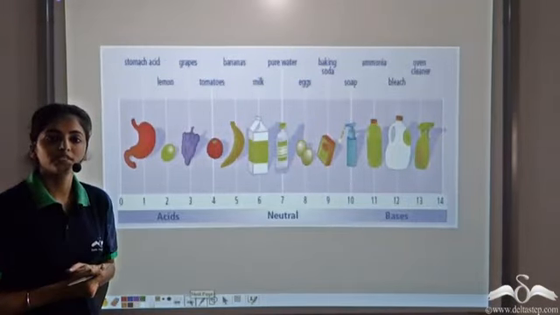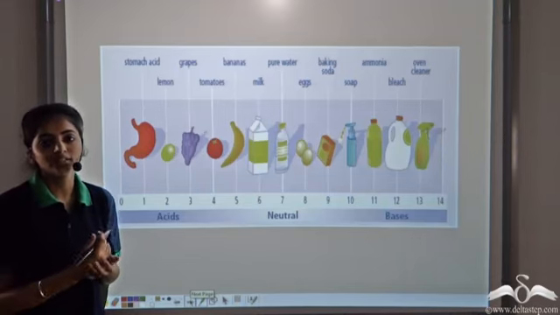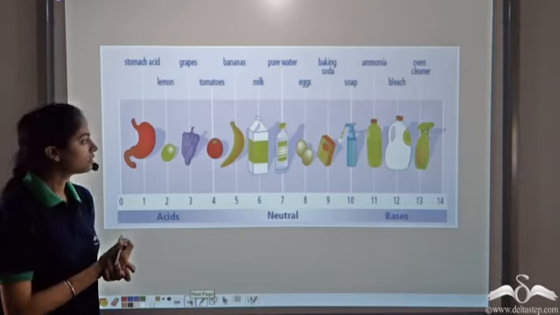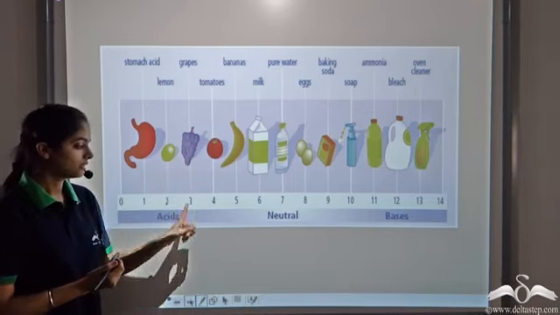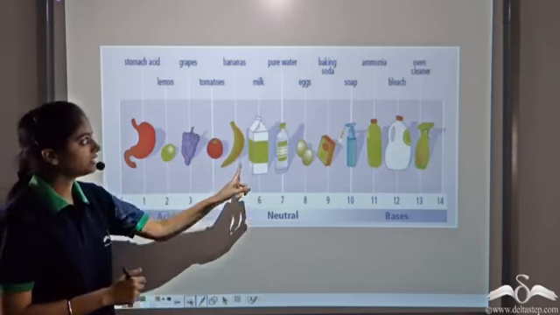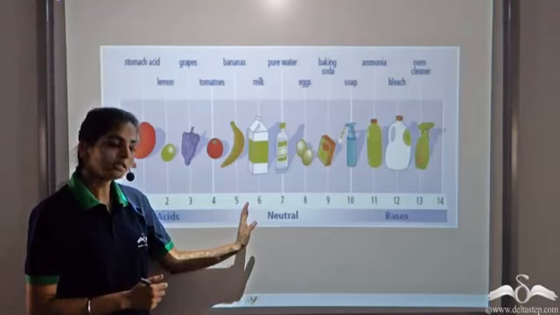The food substances that we take in have different values of pH. That is, the food that we take in is either acidic or basic in nature. For example, grapes have a pH of 3, that means they are acidic. Similarly, milk, 6, so this is also slightly acidic.